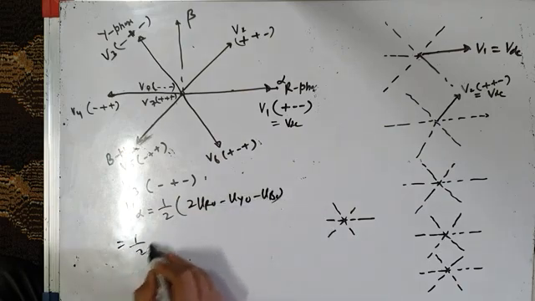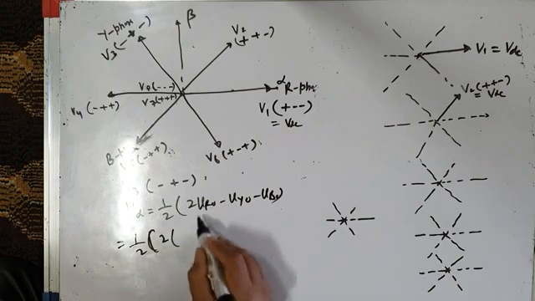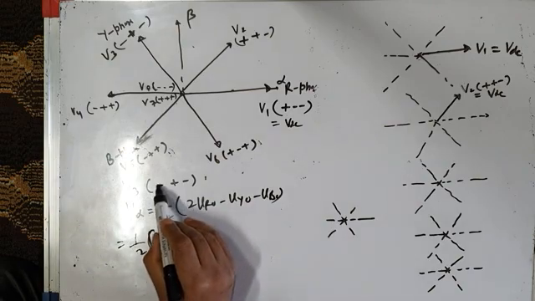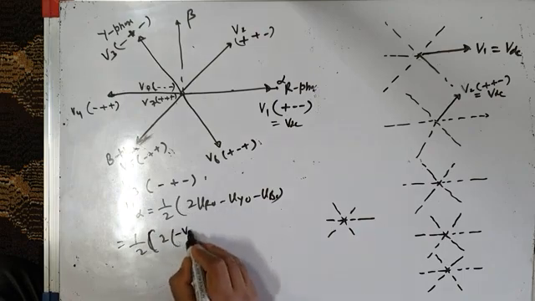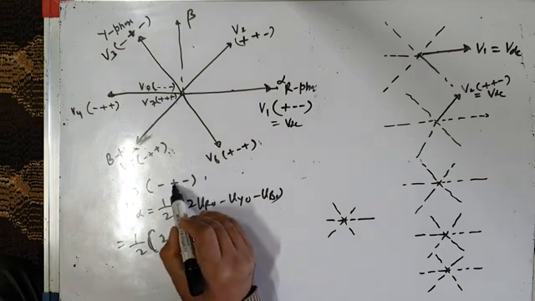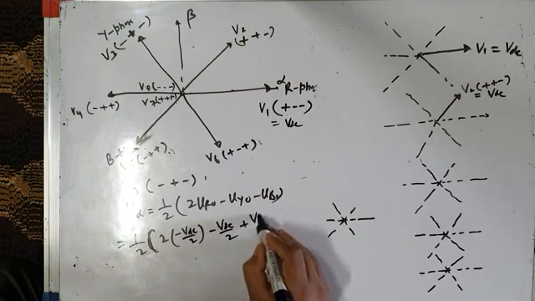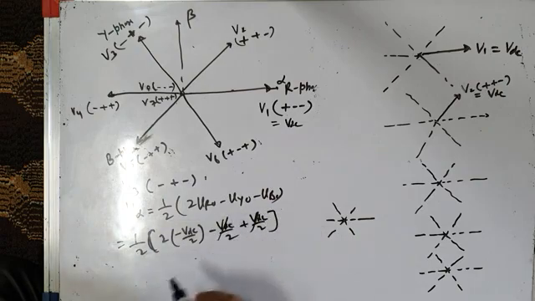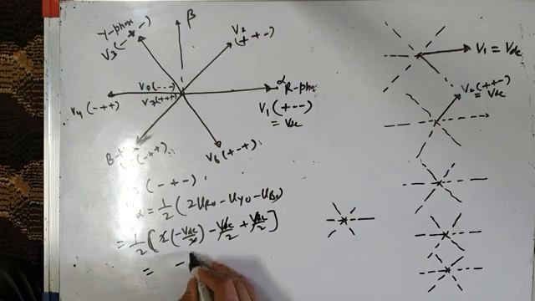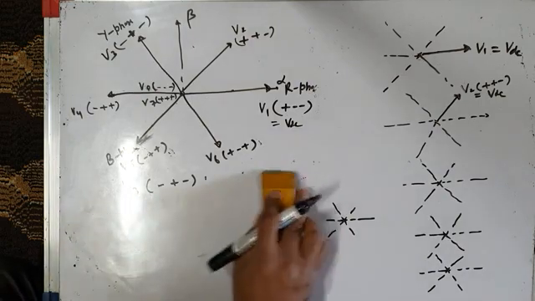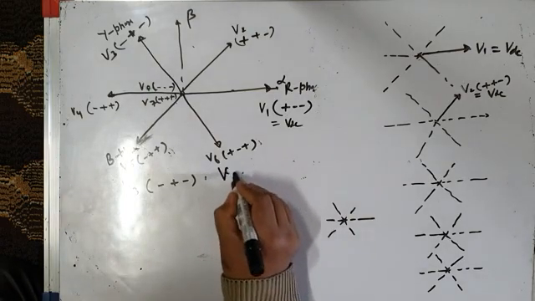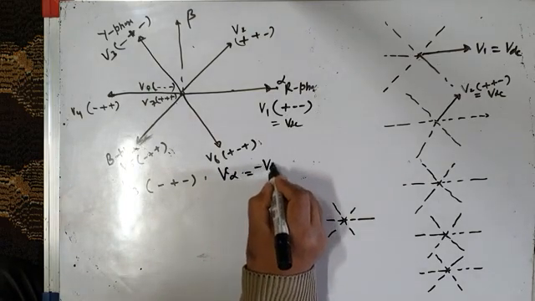That is equal to 1 by 2 into 2 into VRO. R phase is minus, so the bottom switch is on, which means VRO is minus VDC by 2. Then minus VYO: top switch is on, so it is VDC by 2. Minus VBO: bottom switch is on, so it is plus VDC by 2. So the VDC by 2 terms cancel, and it is minus VDC by 2. So the alpha component of voltage is minus VDC by 2.